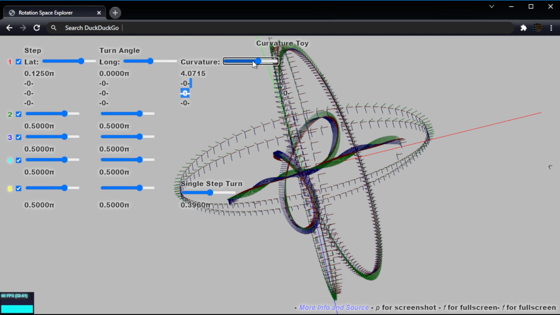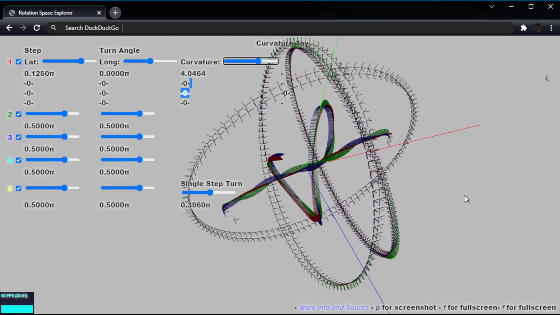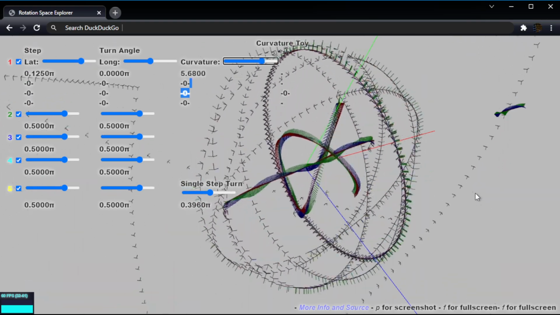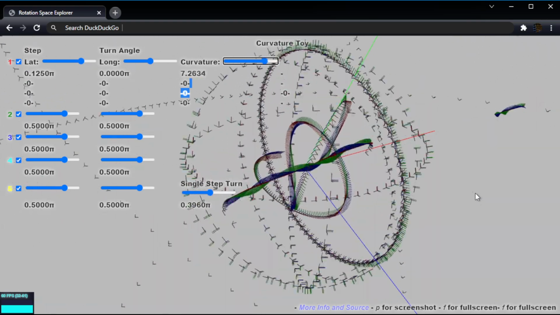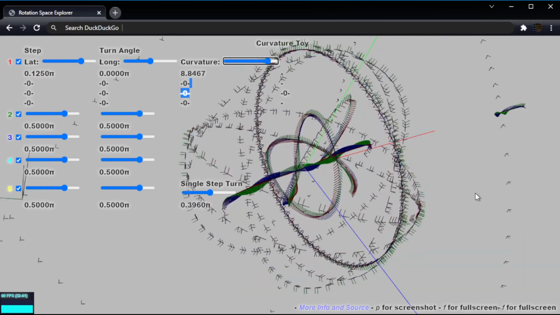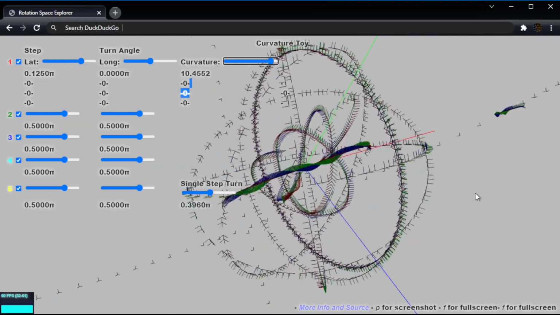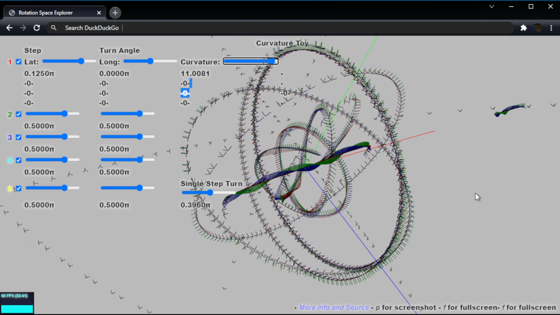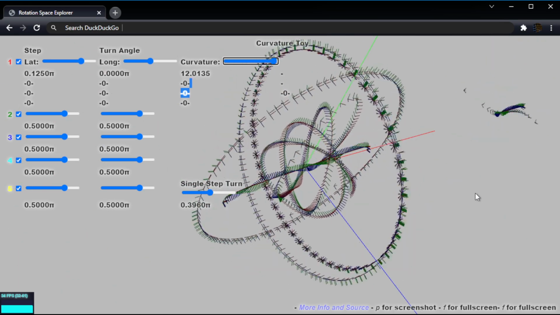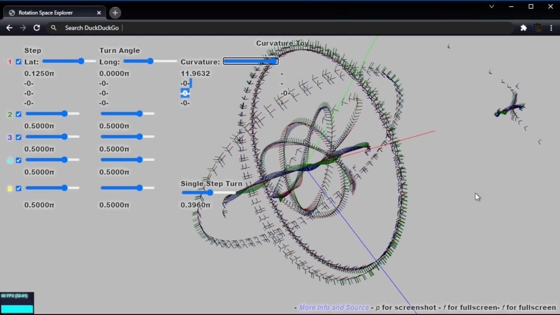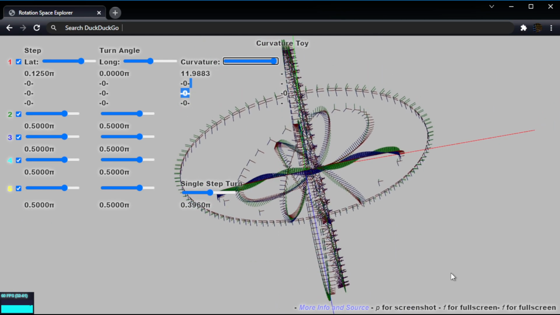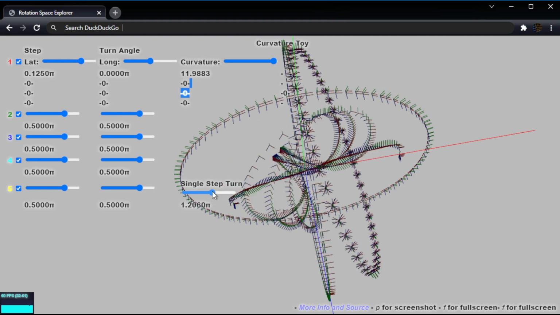And then there's these harmonics at every 4 pi or so. It's like this is 11. And 12 is back to the same sort of steps.